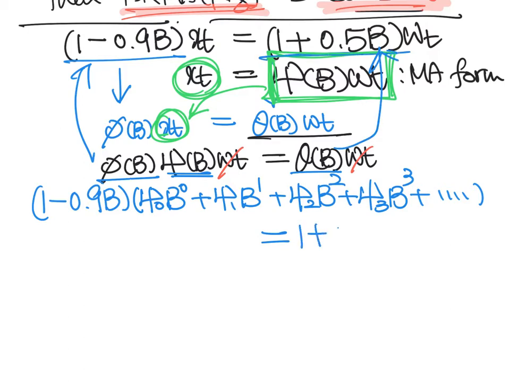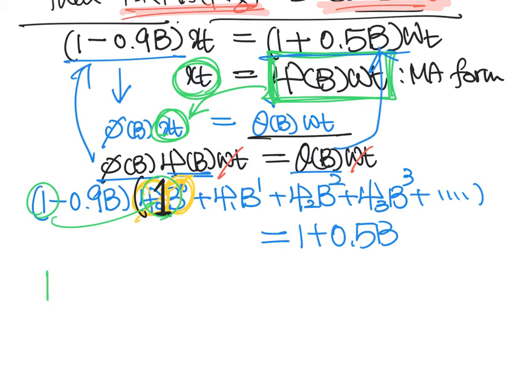It's 1 plus 0.5B. It's good, right? So now we can take the multiplication. Before, you know, the big phi 0 was 1 and the power 0 is 1. So simply I can rewrite the first term is just 1.